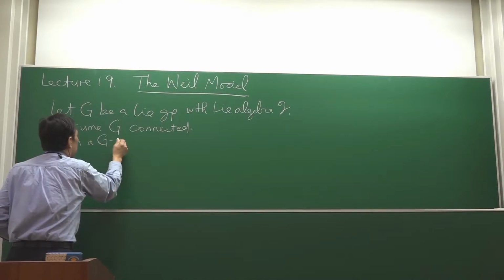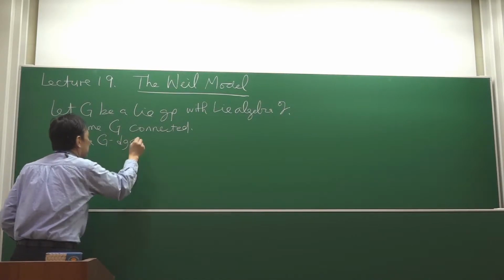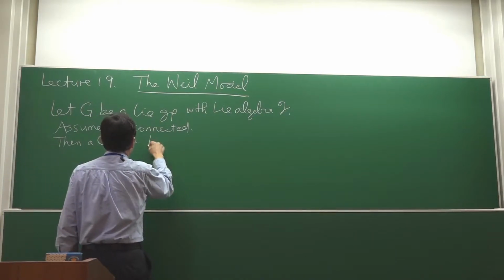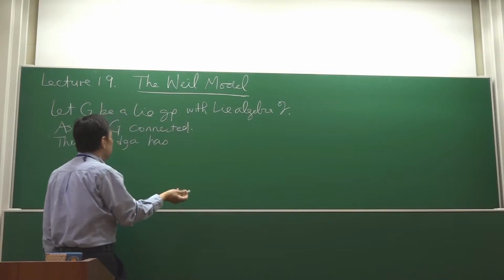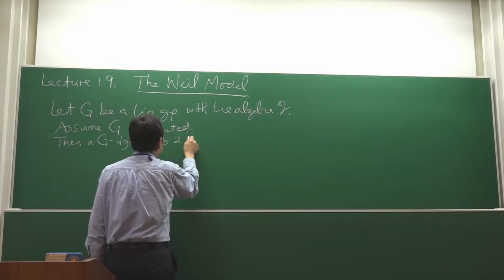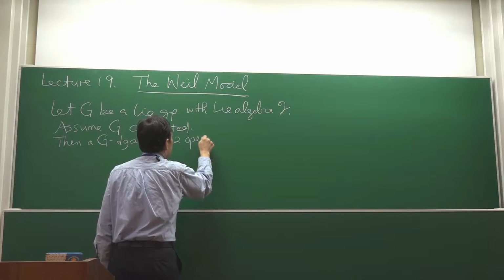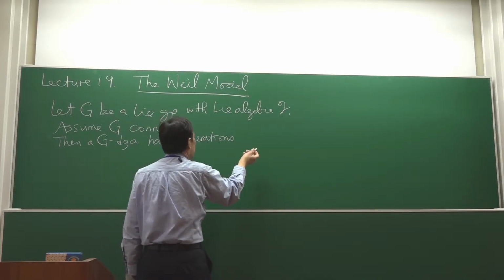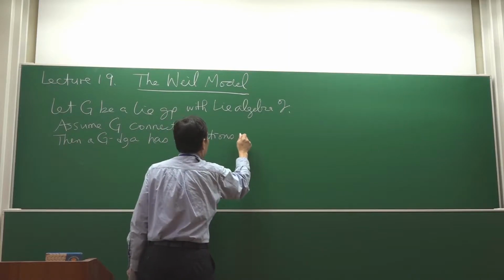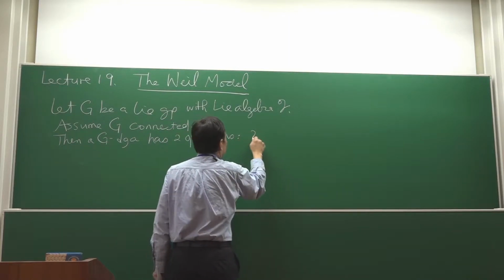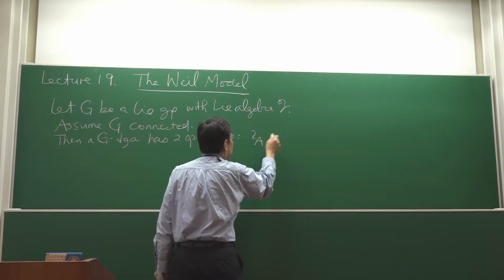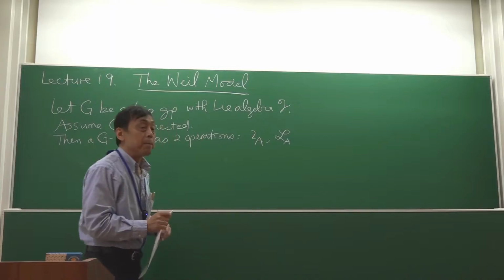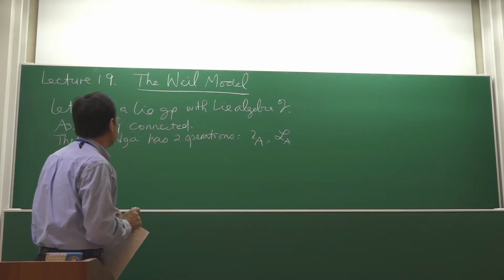a G differential graded algebra has two operations. So it has interior multiplication and the Lie derivative.